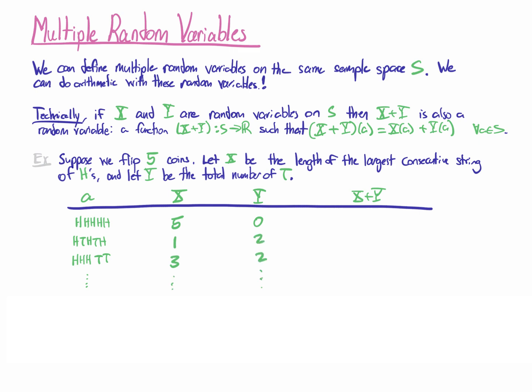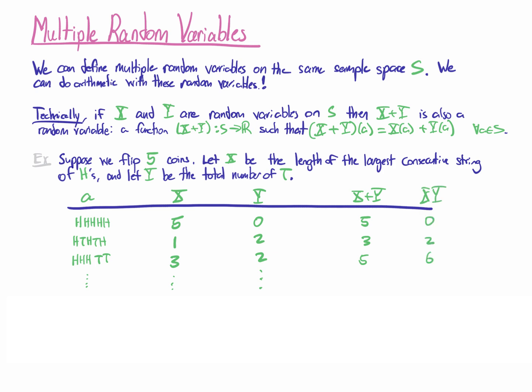And of course, we're going to have an x and a y for each of the other outcomes as well. And so if I want to combine these in some way, I can add them together: 5, 3, and 5. If I wanted to, I could do even more things. I can multiply, for example, so I would get 0, 2, and 6.